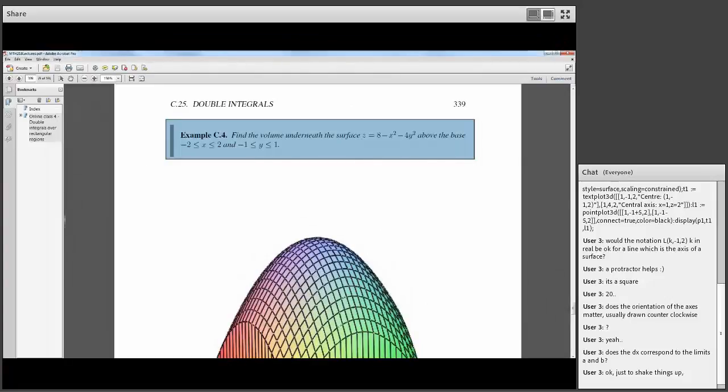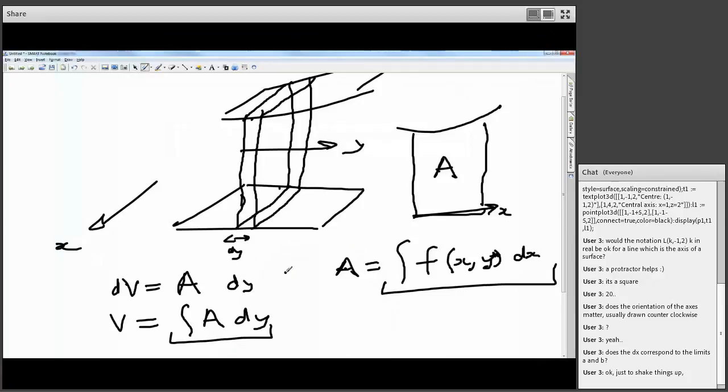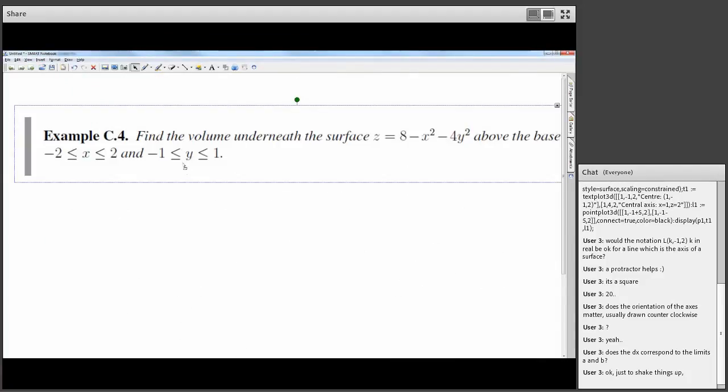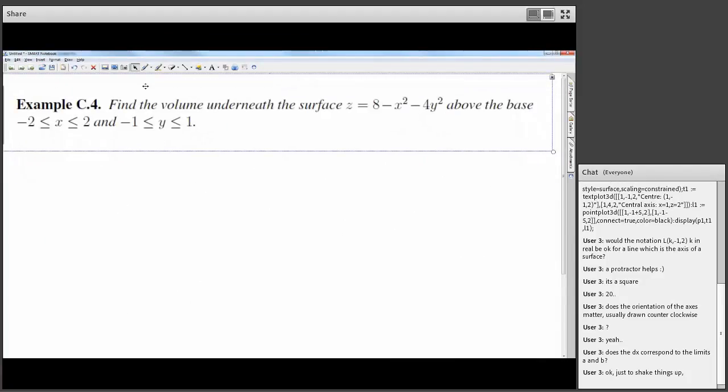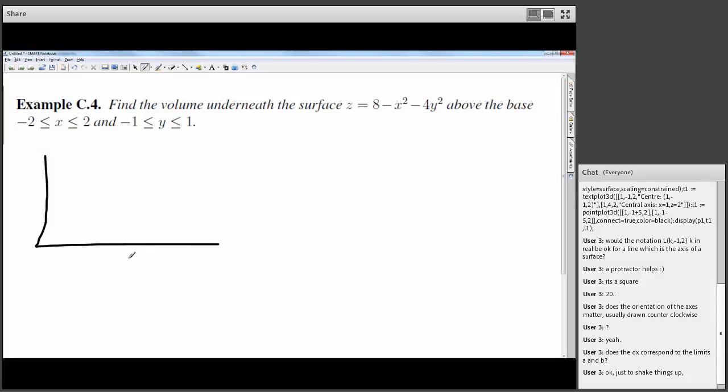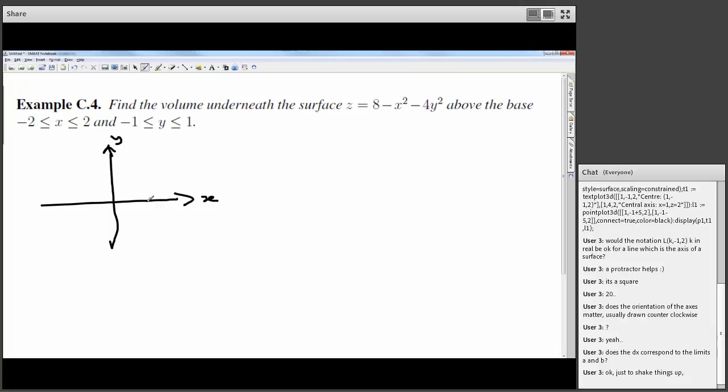So how do you do that? First of all, the general practice, I think, is to draw a picture of the region of integration, what you're trying to integrate over. So we want x and y, and so x is everything from -2 to +2, and y from -1 to 1.